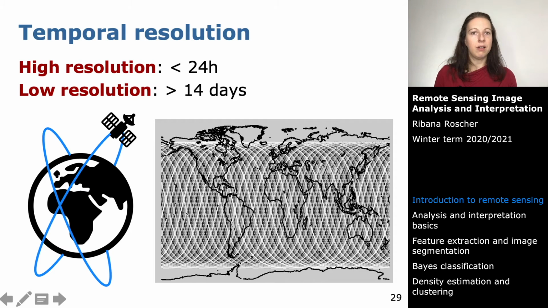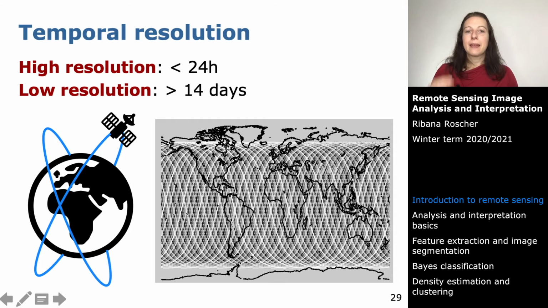It's more like you have a regular pattern. And that means there can be quite a time until neighboring tracks are actually recorded. And so it takes a while until you get an image of the whole Earth.